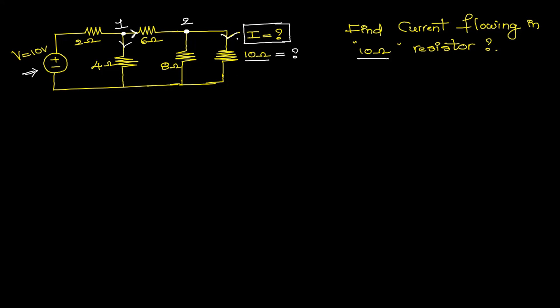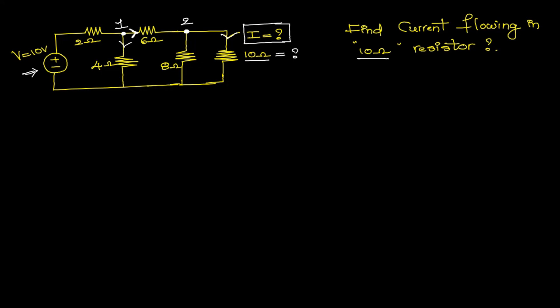It means the current flowing in 6 ohms is divided from the total current available at junction point 1. So in order to find the current flowing in 10 ohms, first we need to find the total current available at junction point 2, which is the current coming from junction point 1.